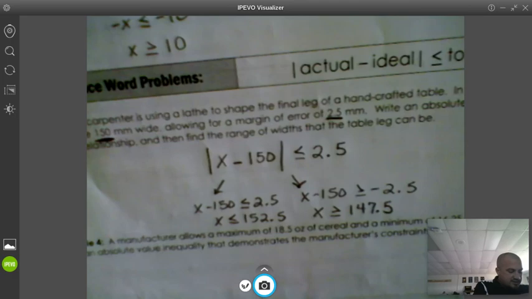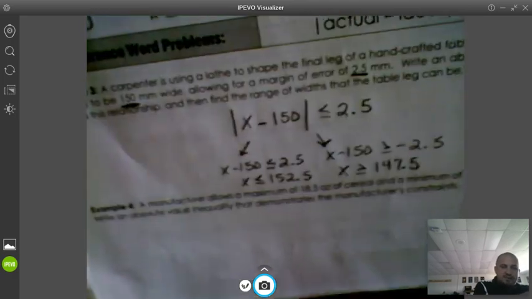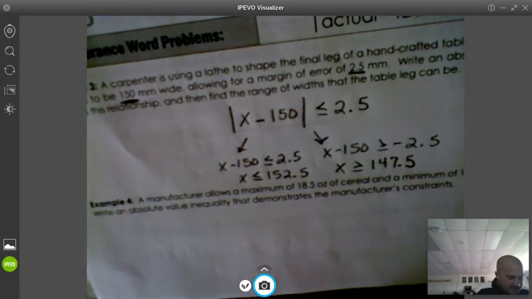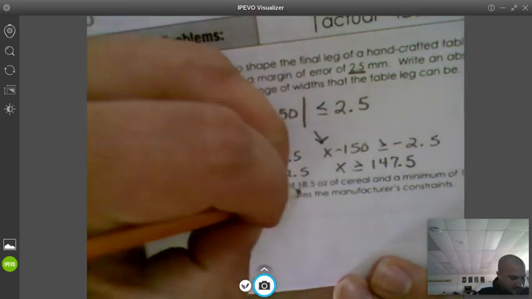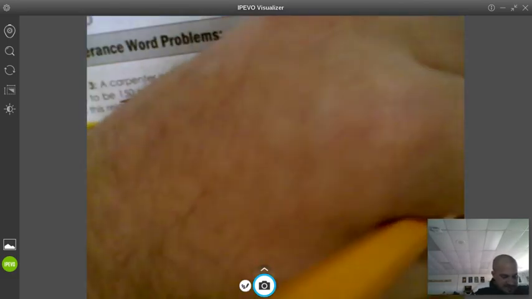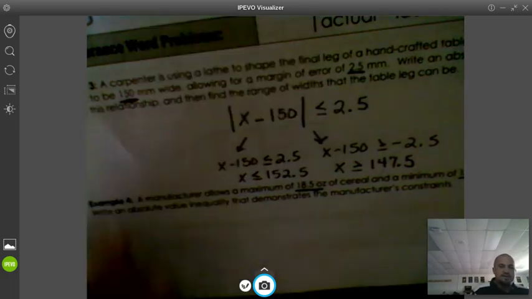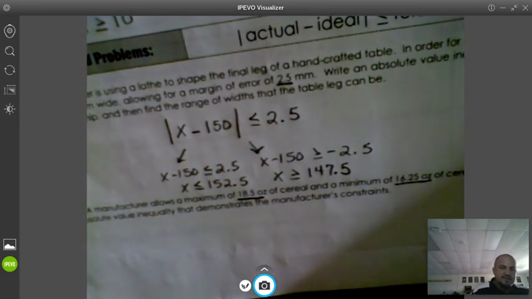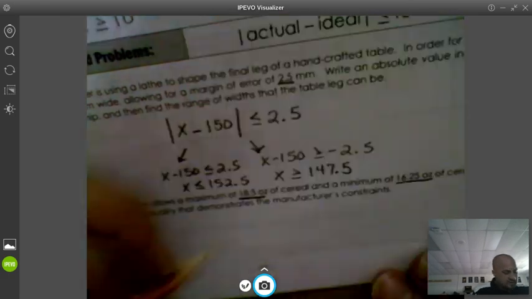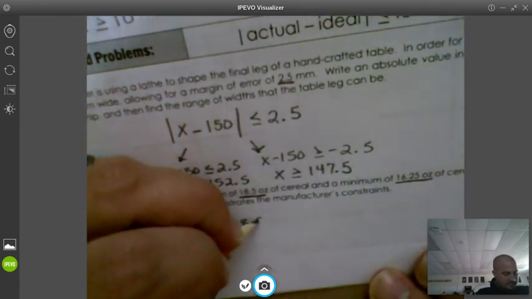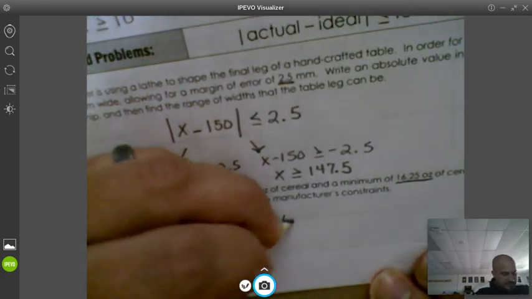A manufacturer allows a maximum of 18.5 ounces of cereal. That's the most. And a minimum of 16.25 ounces of cereal. Write an inequality that demonstrates the constraints. So what's the middle of those? Let's say 18.5 plus 16.25.